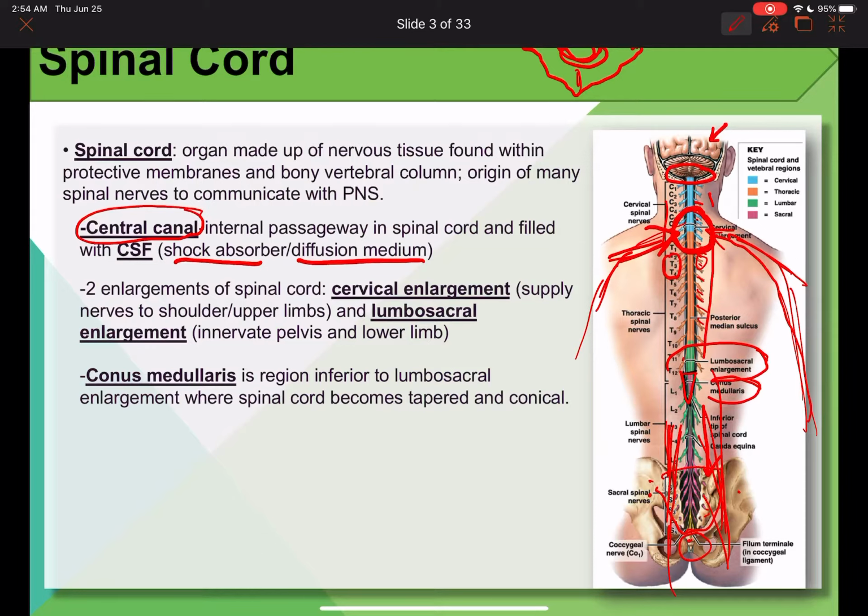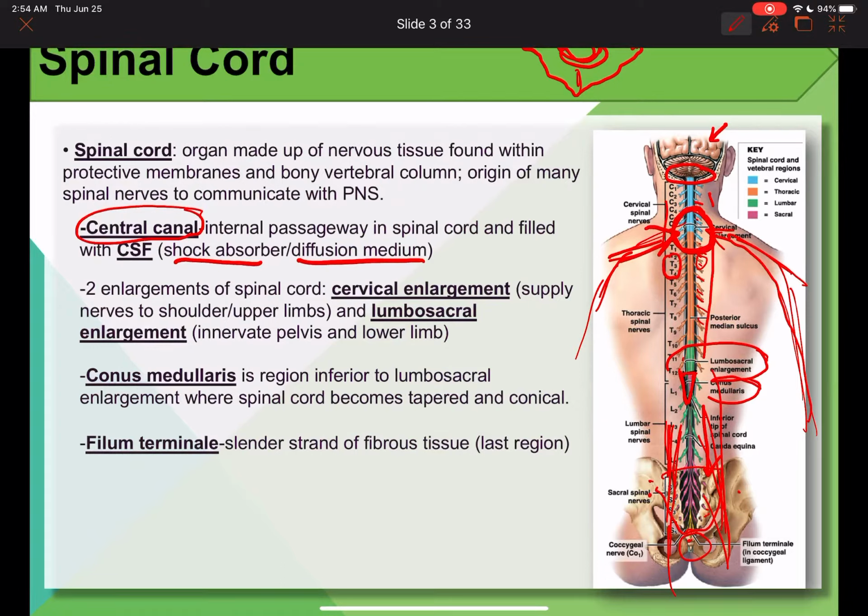And how I remember what this part of the spinal cord looks like on models or pictures is that it has the word conus in it, which sounds a lot like cone. And that's kind of what it looks like here on the spinal cord. It tapers off in this fashion and forms a cone shape within that region. So you will never forget where the conus medullaris is. You should be looking for a cone-shaped region that tapers off, okay?